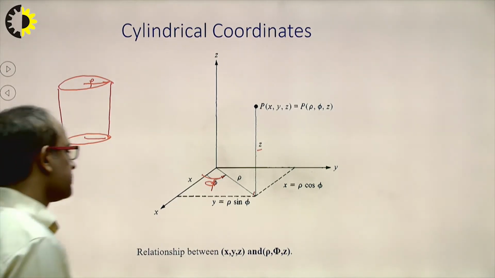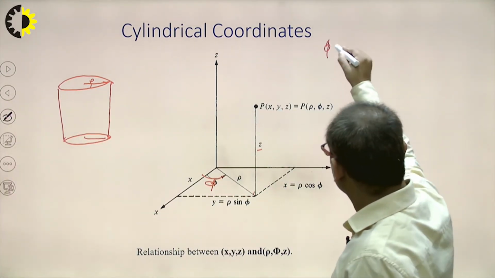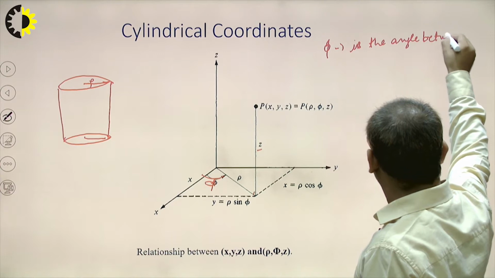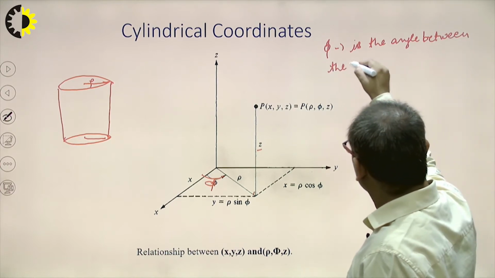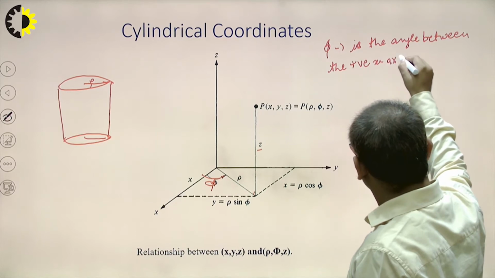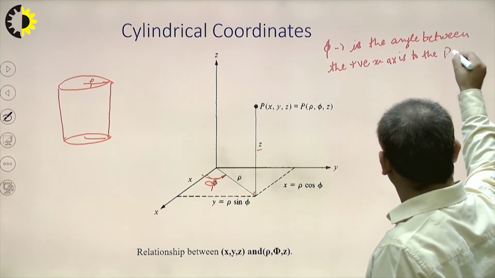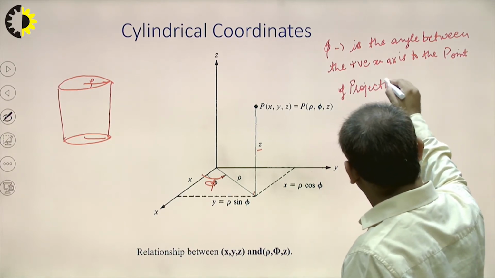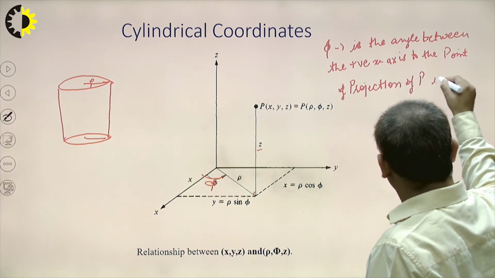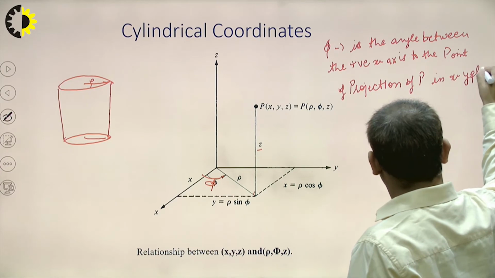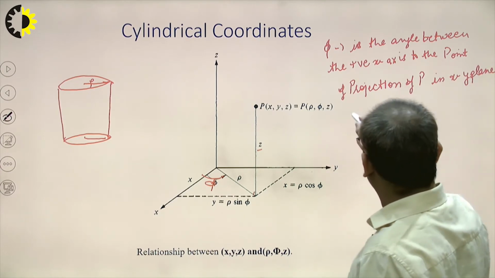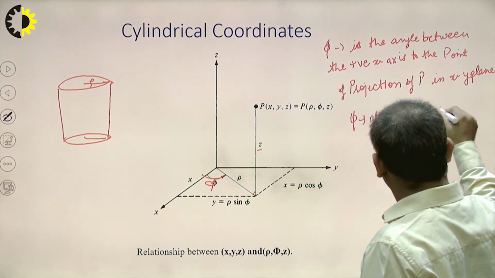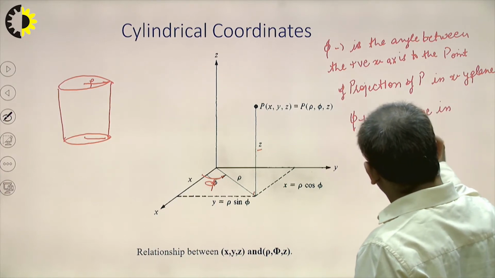So you will see here that phi is the angle between the positive x-axis and the projection of P in the xy plane, and this phi always moves in the anti-clockwise direction.